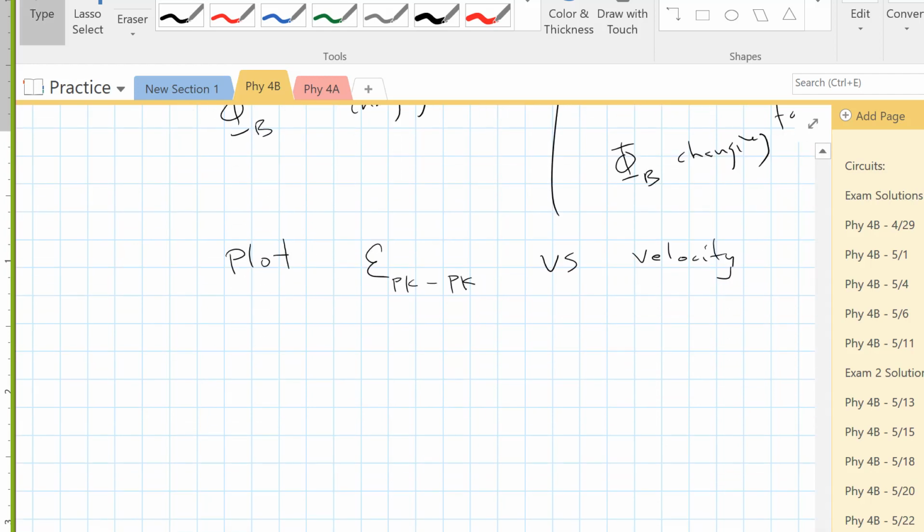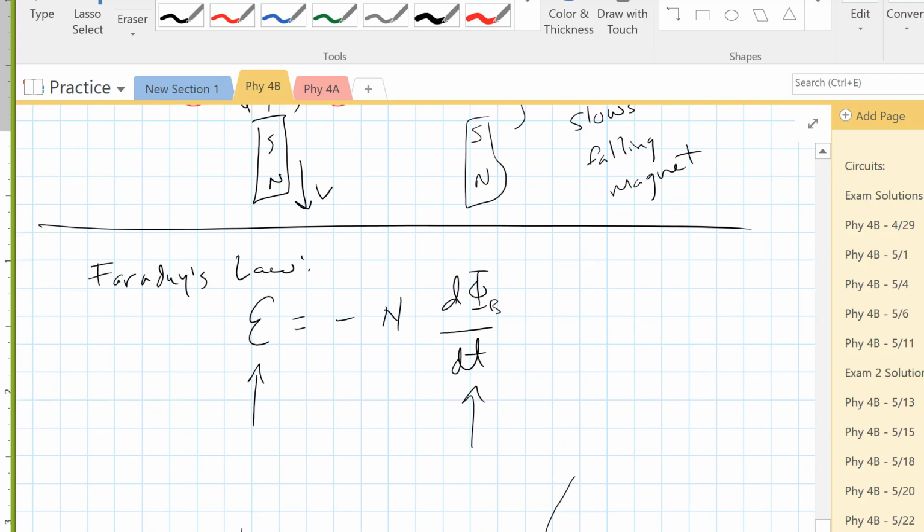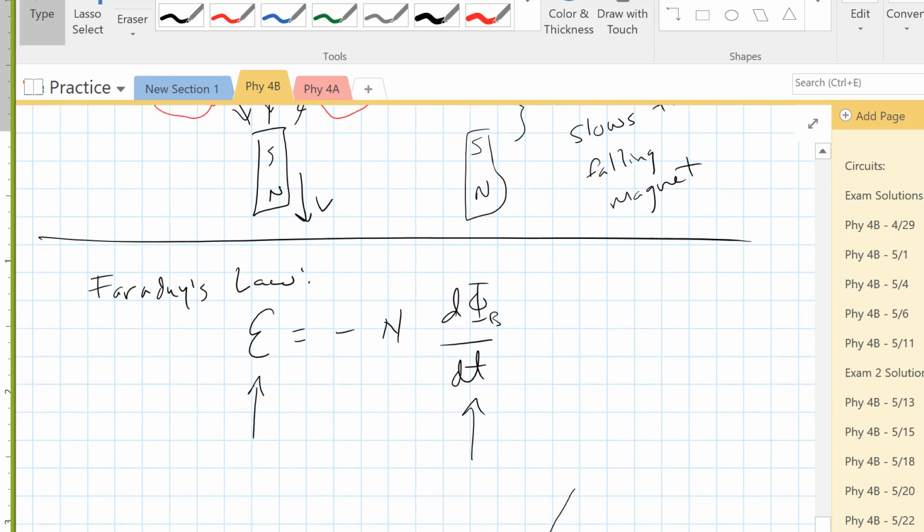And we are hoping, what are we hoping for? A linear relationship, right? Because they should be proportional. According to Faraday's law, the change of flux with respect to time, which is proportional to the velocity, is proportional to the EMF induced. And we're just looking at peak to peak. That's the maximum induced. So that's the first thing you're going to do.